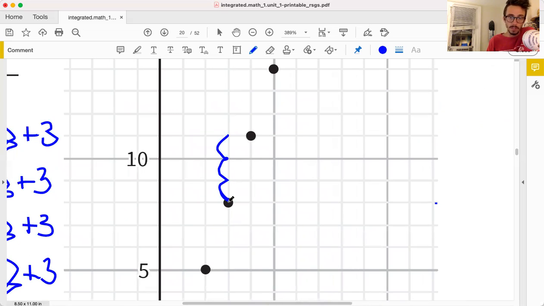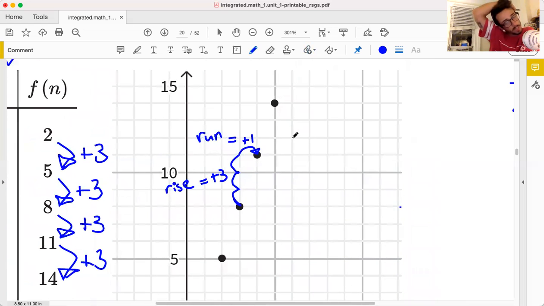Well, it started at 0, 1, 2, 3 hops. So it went vertically up 3. We call this our rise. The run, however, goes to the right, just 1 unit. Run, run, run, run, run.